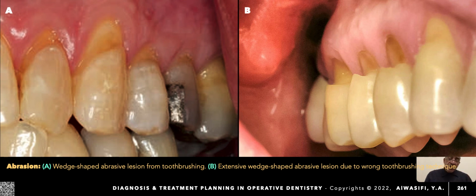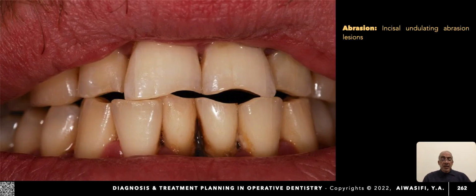But in such cases due to abrasion, you should determine the wear resistance of the material and use a material with high wear resistance at this area. This is another case where the patient is holding a pipe stem, and you could note the curvature of the pipe stem at this area.